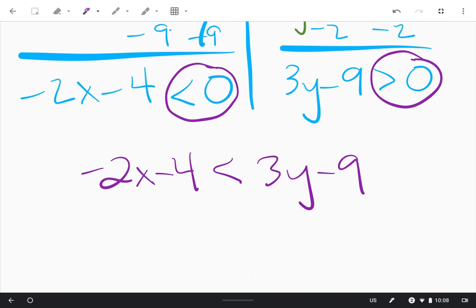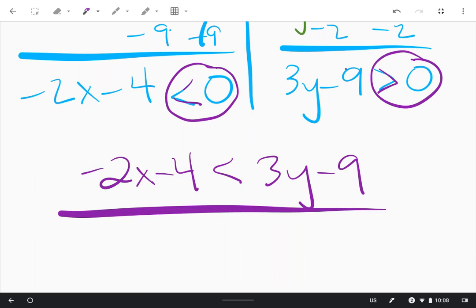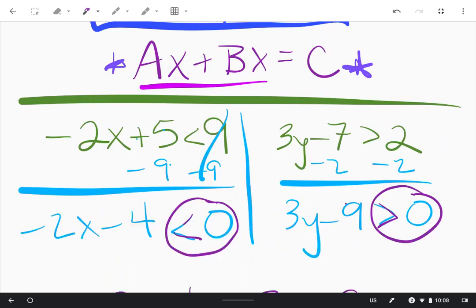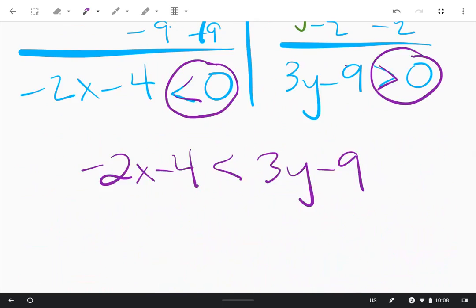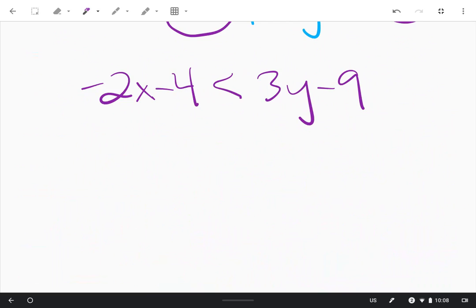Because 0 is in between those two numbers, this one being less than 0 and this one being greater than 0 means we can say this: negative 2x minus 4 is less than 3y minus 9. And so it's basically the same concept as what we did up here when we combined these equations. It's just that the inequality symbol is there instead of an equal sign.